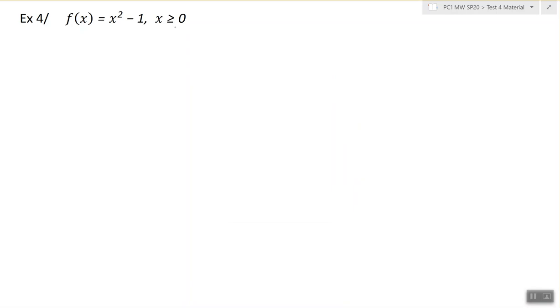The reason for that is that this function is the parabola shifted down 1 unit. That's not a one-to-one function. So they've said they only want the x's that are greater than or equal to 0. So they get rid of the left half of that graph, forcing it to be a one-to-one function.